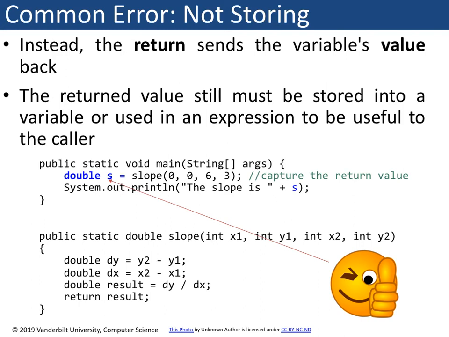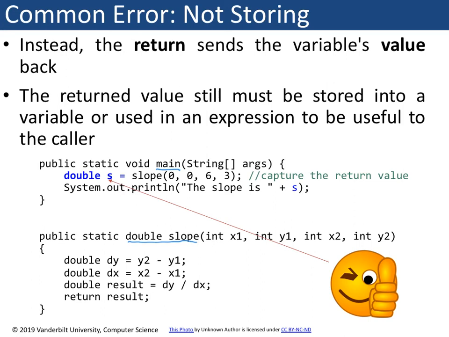So here is a main and a method which returns a double. Execution begins with the first statement in the main. So we have a variable declared called s of type double, and it is being assigned a value.